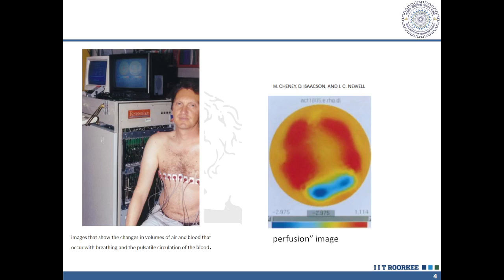For whichever part I want to construct the image, we encircle it with the electrodes, and the electrodes are connected with some electronics gadget as well as the display.